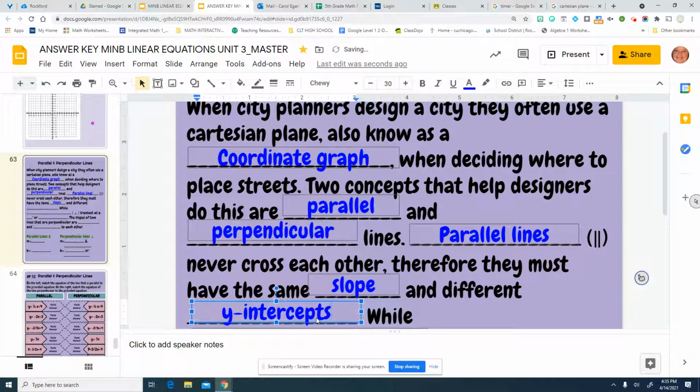Think about when you graph a linear equation. We start with the b and we move with the m. In other words, a y-intercept is one specific point on the graph, whereas slope tells you how to get to another point, how much you rise and run, so that you can keep on going to additional points on the line.